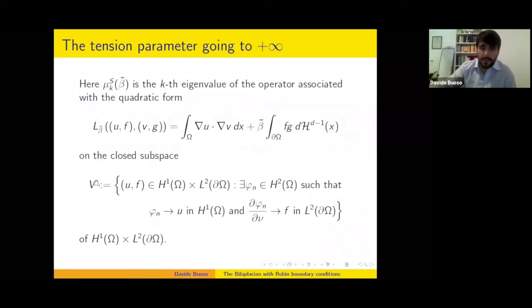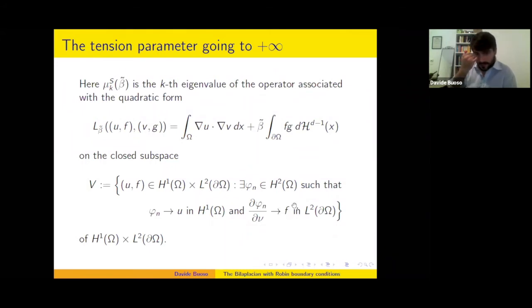So the space is a space of the type H1 times L2 of the boundary, where these two functions, u and f, can be reached by approximation of an H2 function simultaneously, meaning that u has to be an H1 limit of an H2 sequence, and the term f on the boundary has to be the limit of the normal derivatives at the boundary of the same sequence.